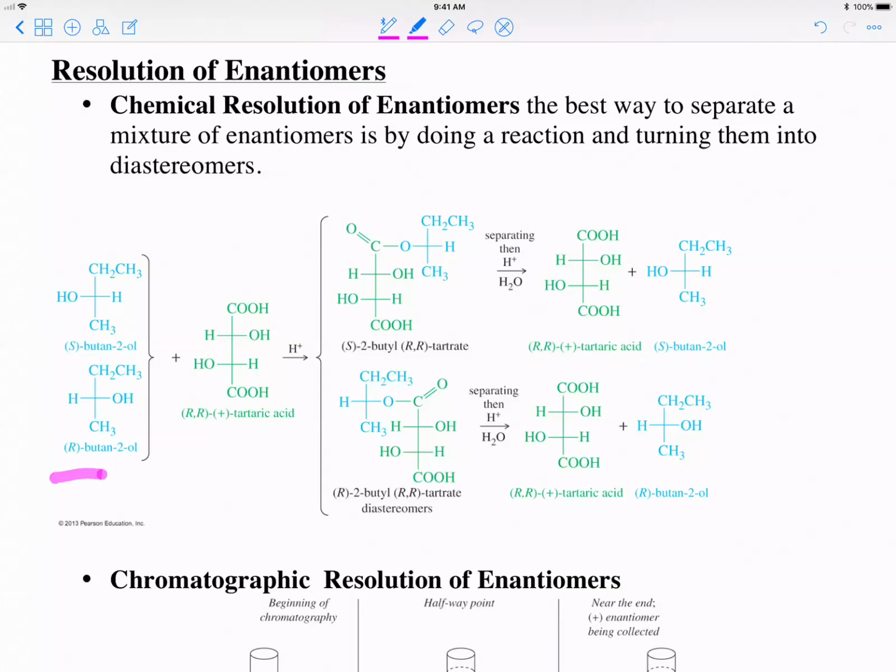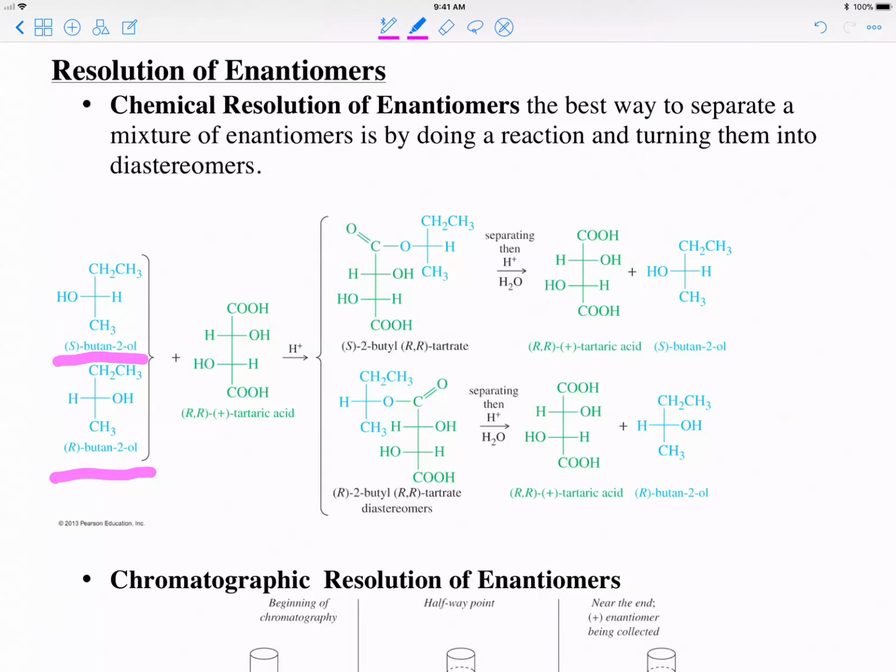So take these two compounds right here, the R and the S 2-butanol, or butan-2-ol. They'll have the same physical properties. If I tried to boil them, they would generally come off at the same place. So I can't separate them out like that.